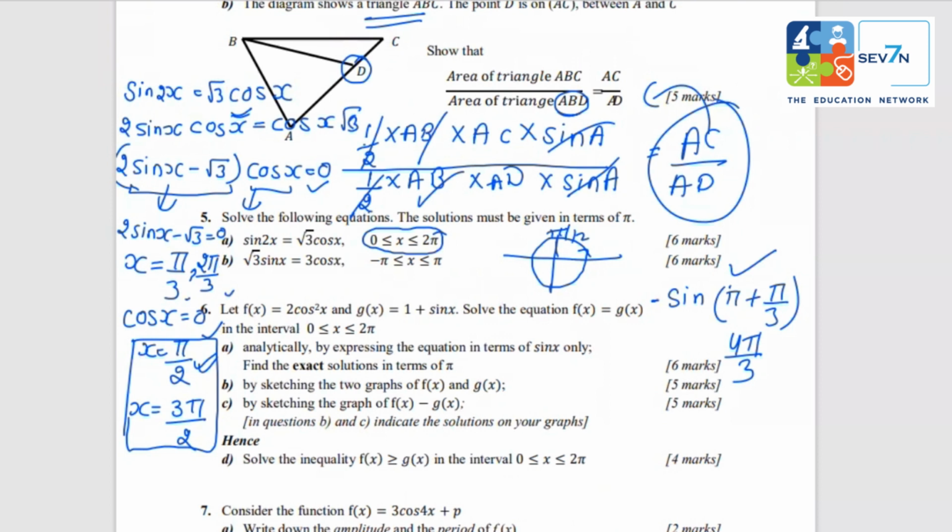And now in these types of questions, first thing you need to check is that we are not able to cancel your variables like this. Second thing, you can find your angles in both the cases. Next thing, if any range is given like this, suppose this range is not given, so you can write this pi by 3 and pi by 2 only. That's it. No need to write all the angles.